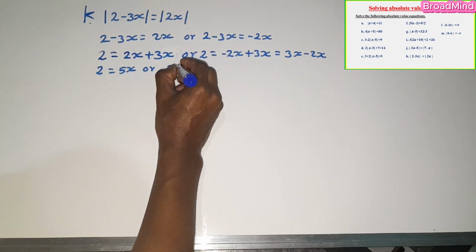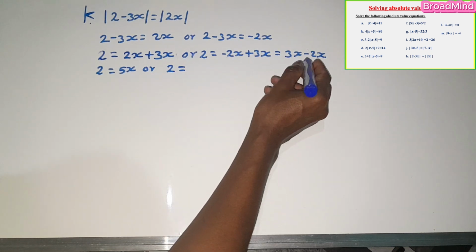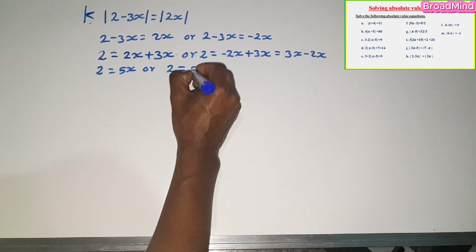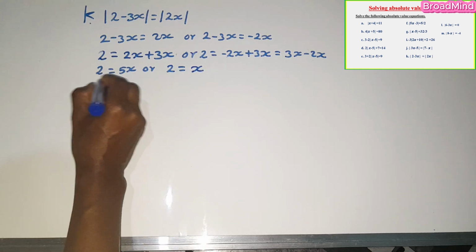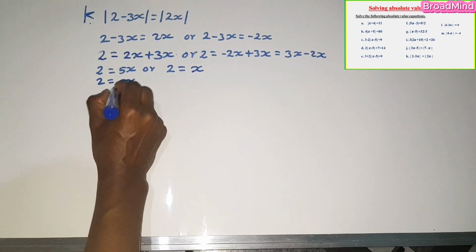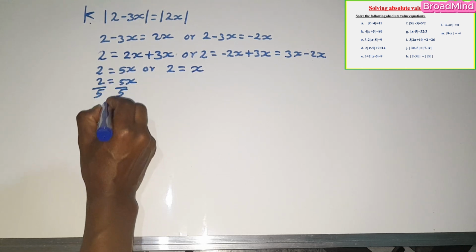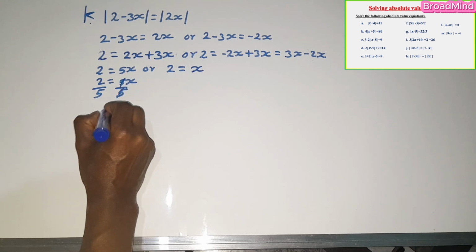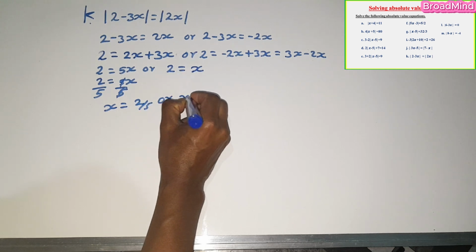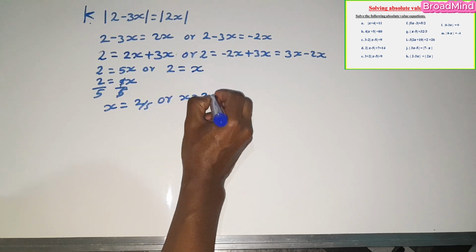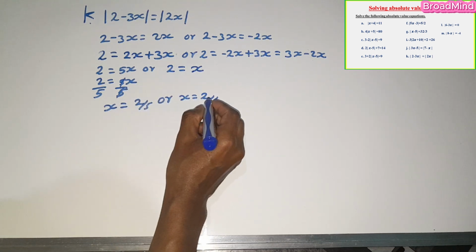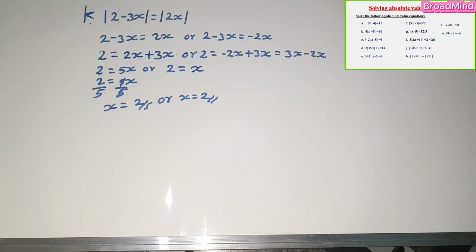Then 2 is equal to this one, this becomes how many? X. Then here 2 is equal to 5x, divided by 5, divided by 5. 5 cancelled by 5. X is equal to 2 over 5, or x is equal to this one, 2. So the solution set is 2 over 5 or 2.